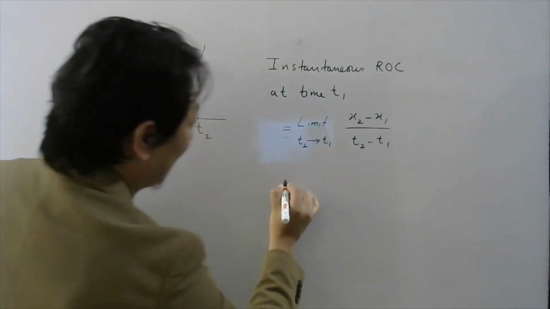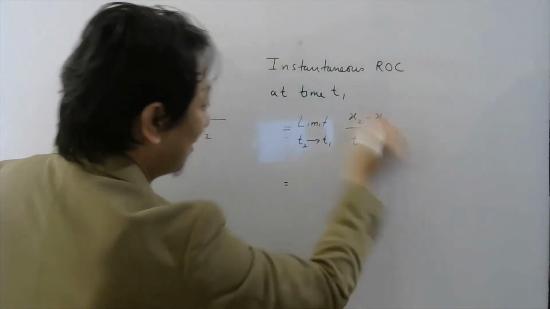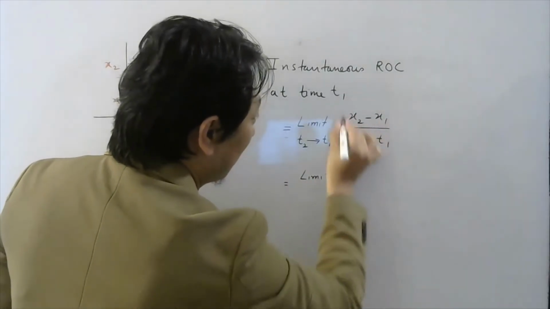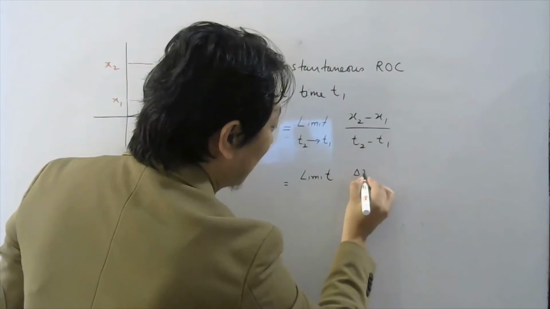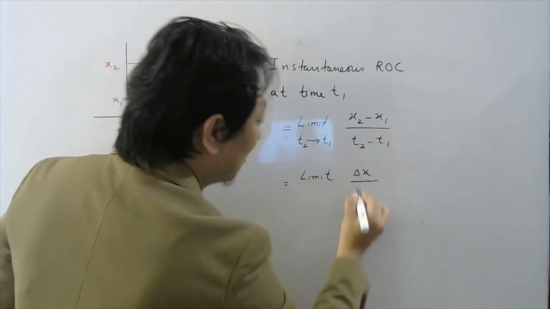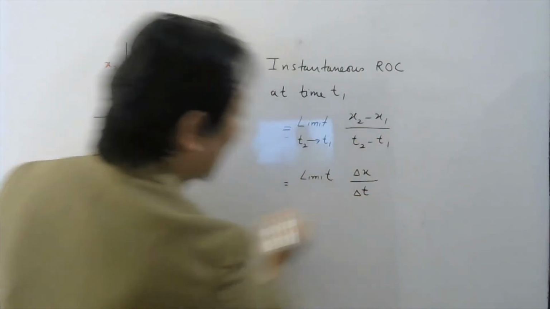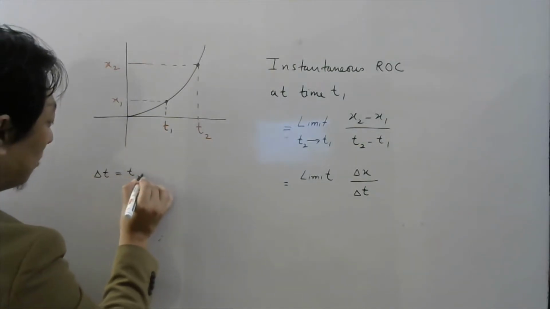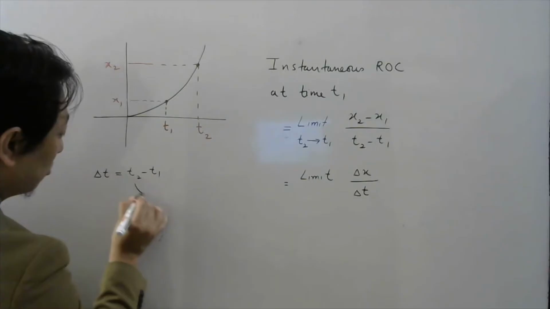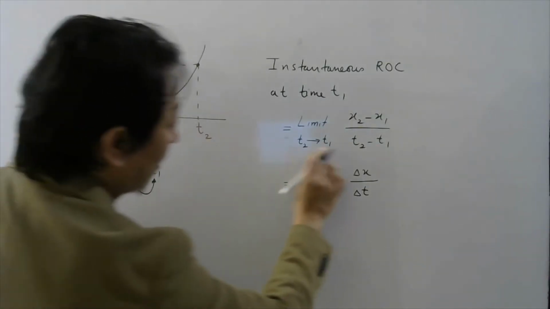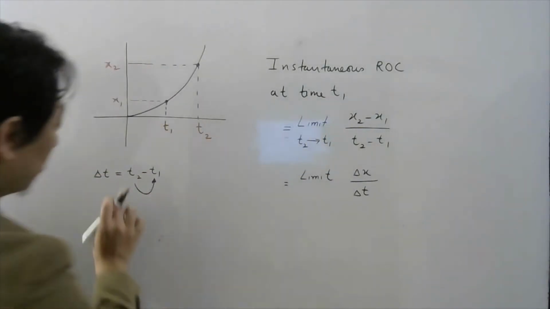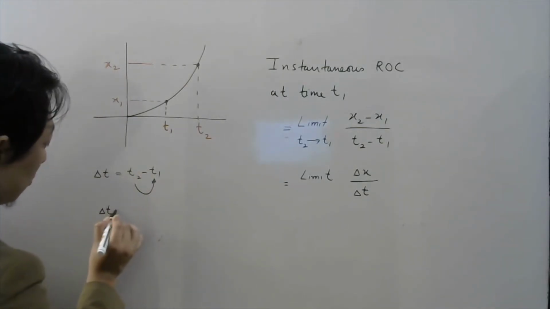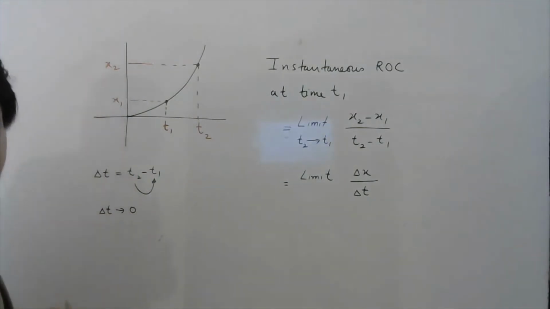And we write this in shortcut: limit, this x2 minus x1 we write as delta x, t2 minus t1 we write as delta t. And what will happen to delta t when t2 becomes close to t1? If t2 becomes close to t1, this difference will become close to obviously 0, isn't it?